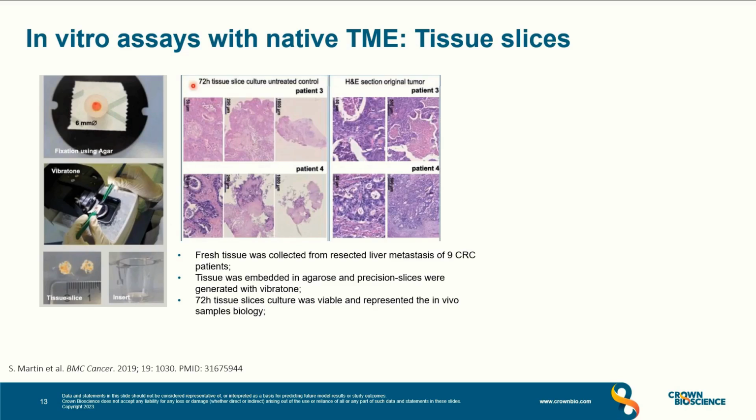The authors have shown that the slices were viable for at least 72 hours in culture, and that they closely recapitulated the original human tumor biology, as shown on the pictures here of two examples, patients 3 and 4.